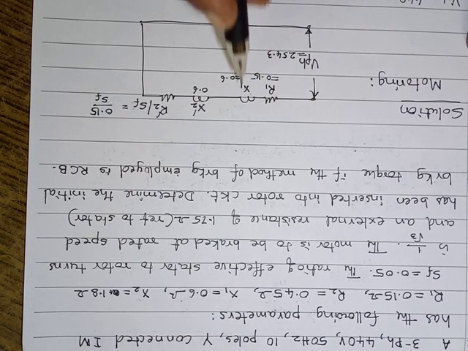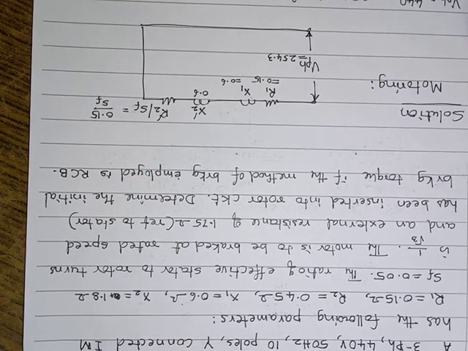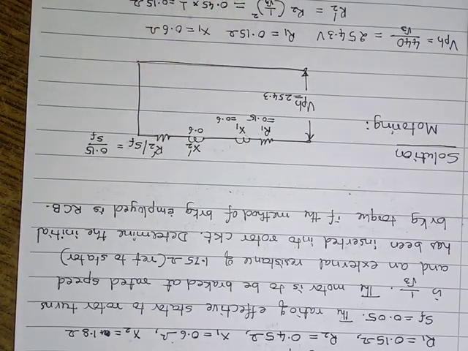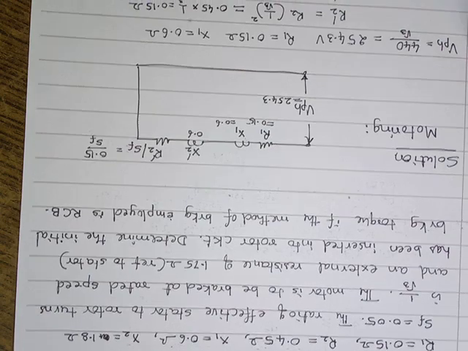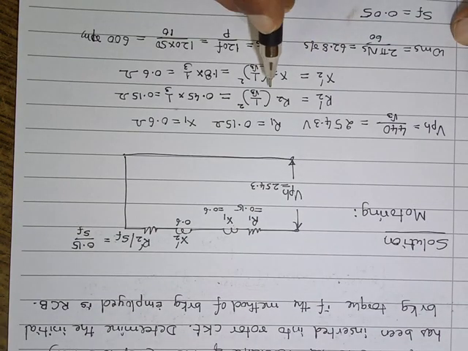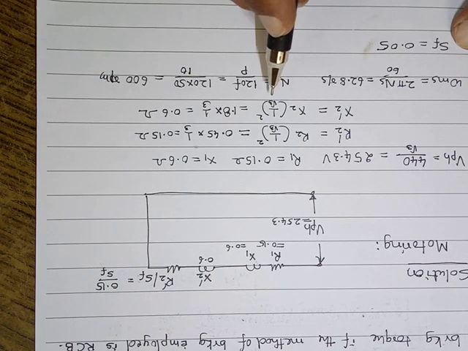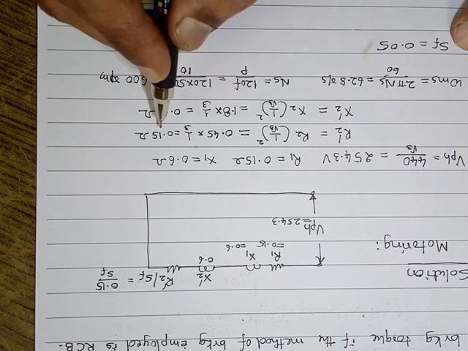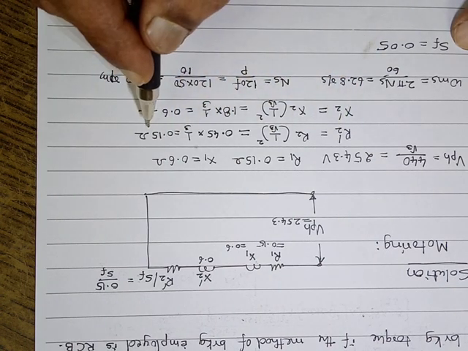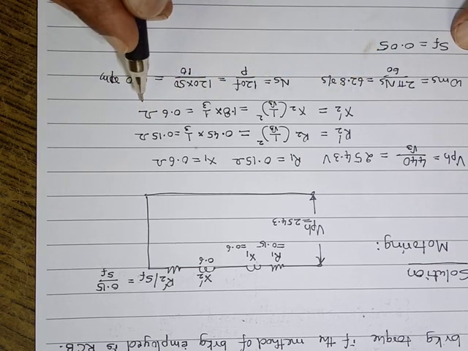R1 and X1 are given, whereas R2, X2 are given. We will have to find out R2 dash and X2 dash. R2 dash is equal to R2 into turns ratio squared, and X2 dash equal to X2 into turns ratio squared, and that will give us R2 dash as 0.15, X2 dash as 0.6.